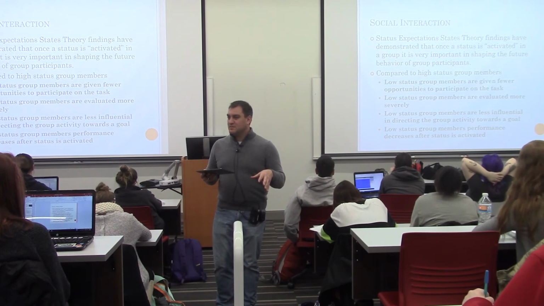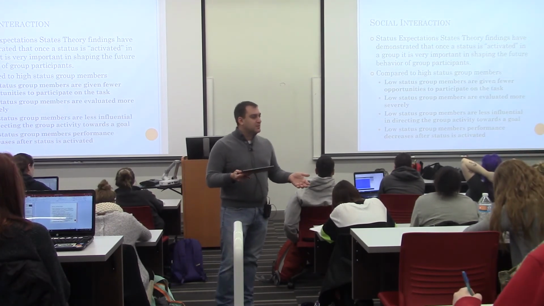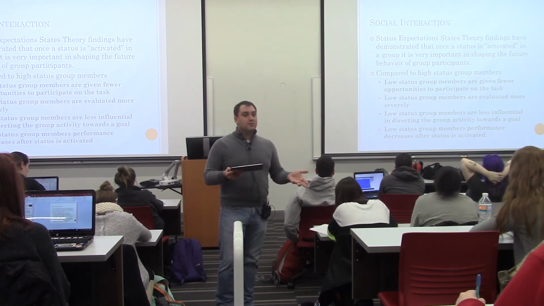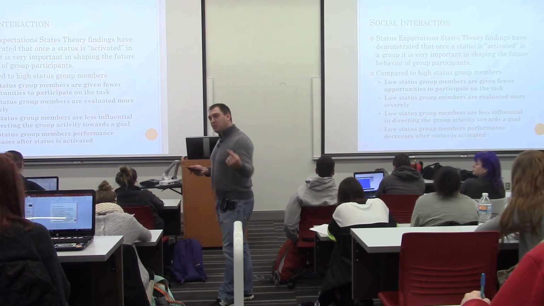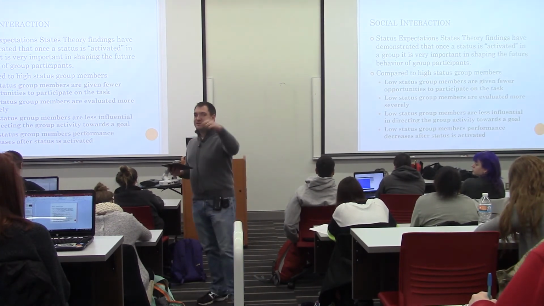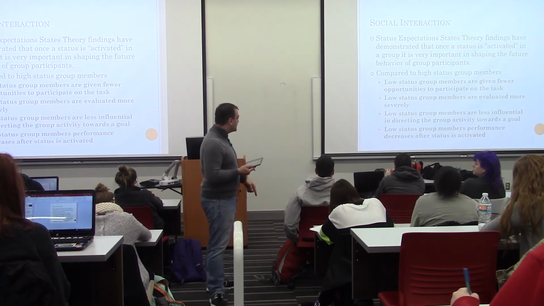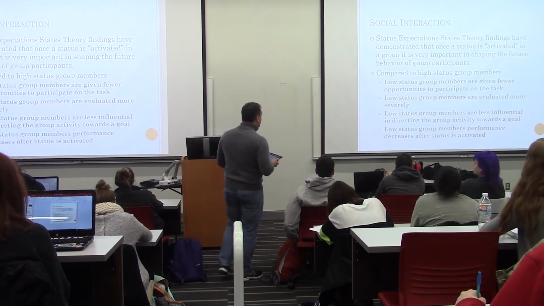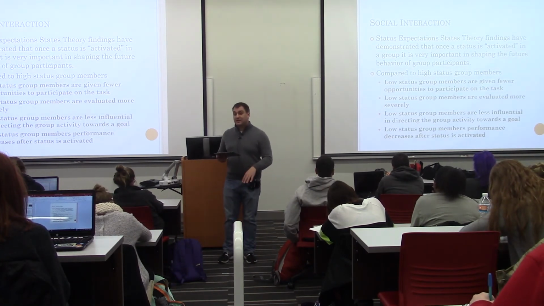Isn't that interesting? So not only are they given fewer opportunities to participate, even when we control for their input to that group activity, they're still evaluated lower. Low status group members are also less influential at directing a group activity.